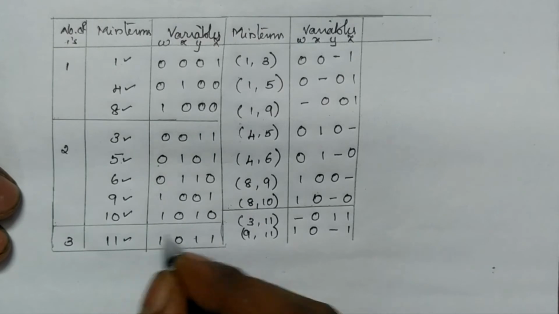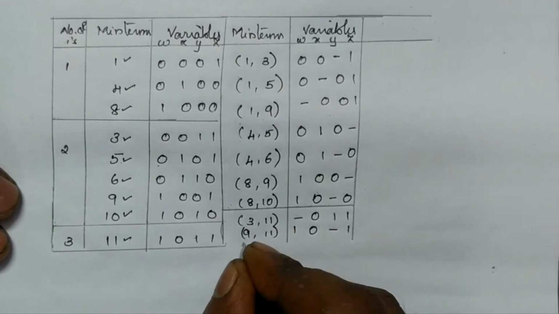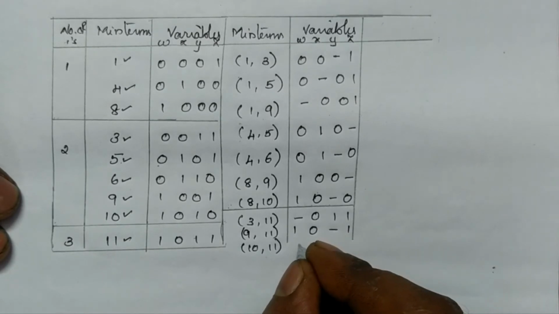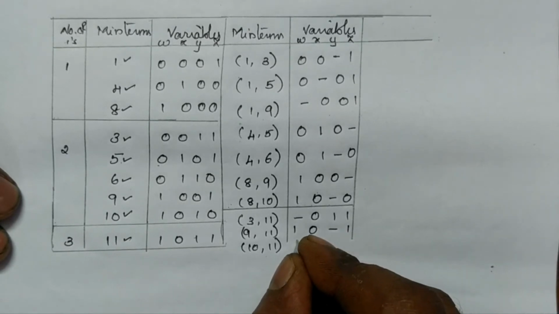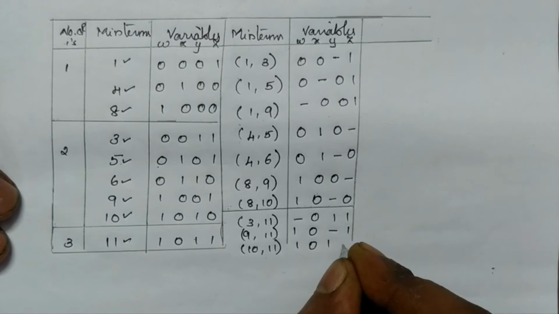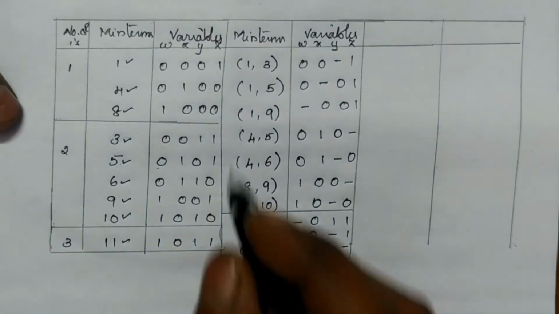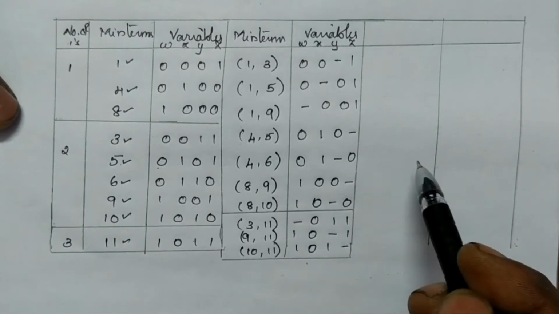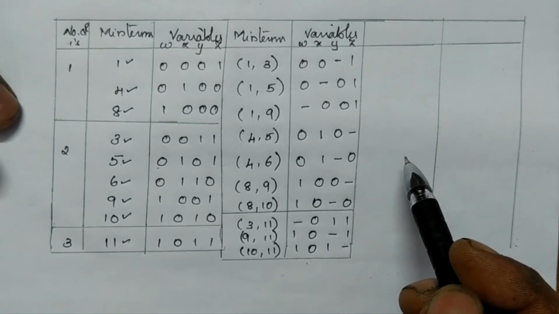Likewise 10 and 11 it's also possible. Therefore 10, 11 and here the terms are 1 0 1 hyphen. So by combining these two new groups we need to form the third group.